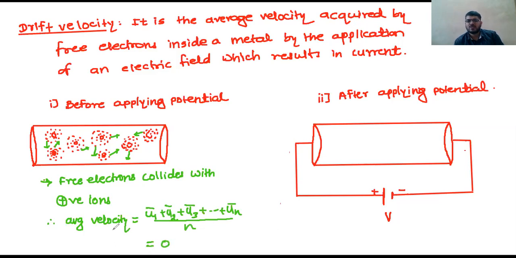Why is it coming 0? Because all the electrons are colliding with positive ions, and therefore the average velocity is 0, when the potential is not applied. This is the first case.